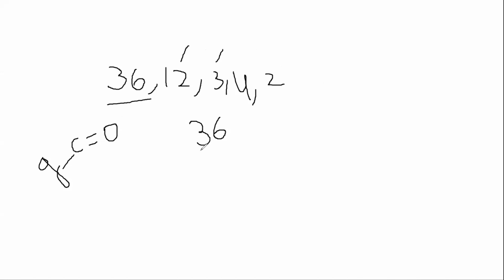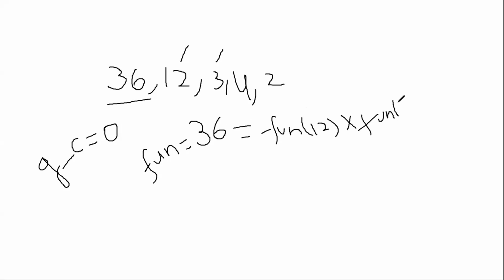So what I will do is, this is a function for 36. To find this, we try to find the value of 12 and multiply that with the function of 3. Now I need to find the answer for function 12.